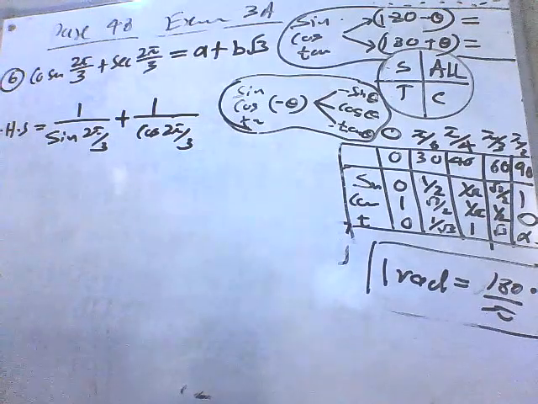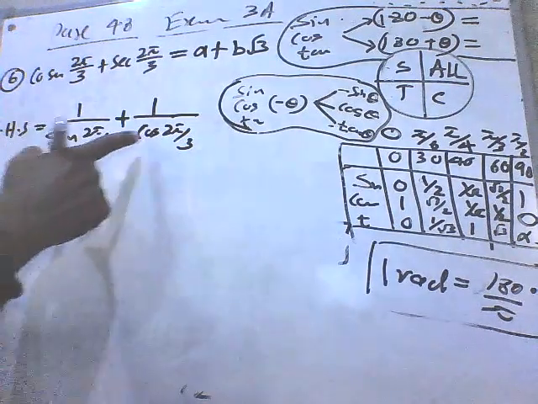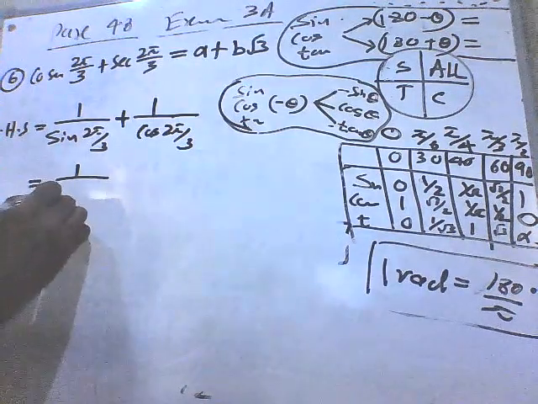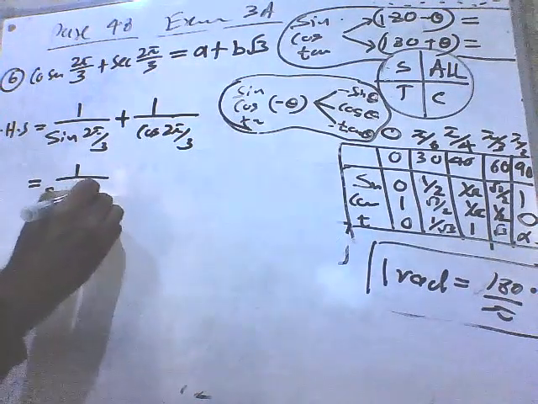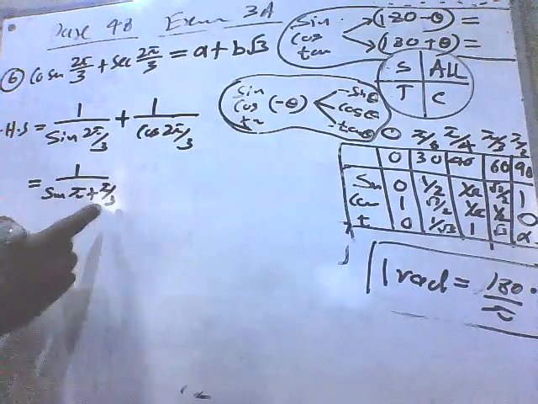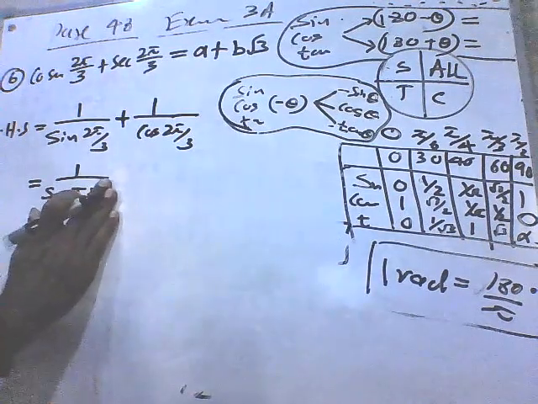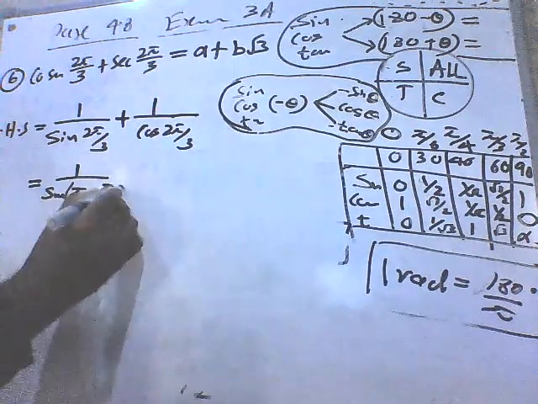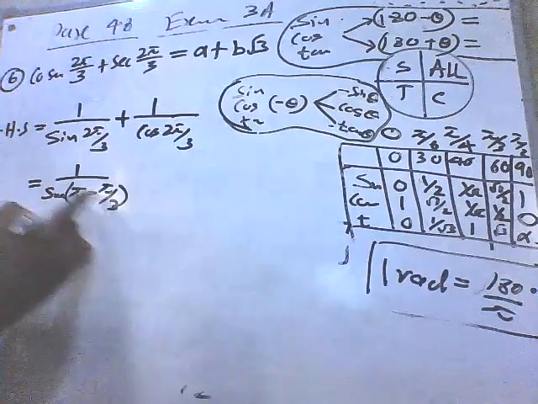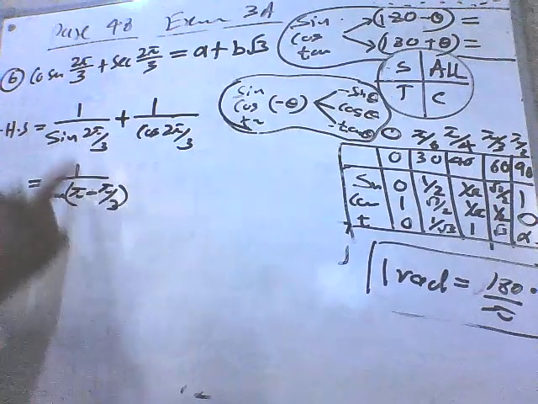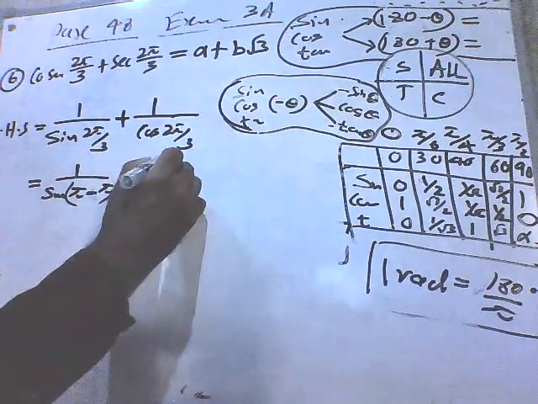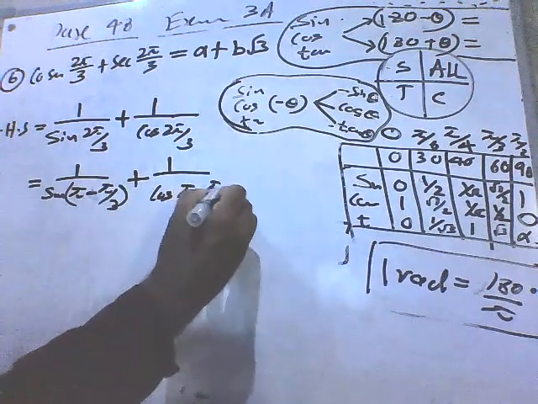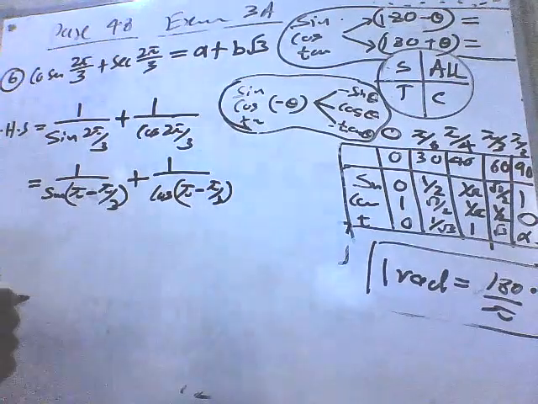Here sin 2π over 3 we can write as sin of π minus π over 3, and similarly cos of π minus π over 3.